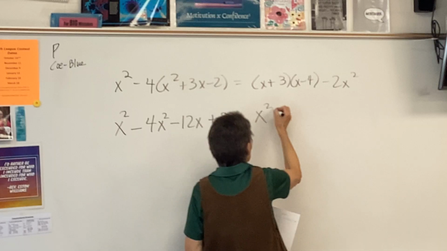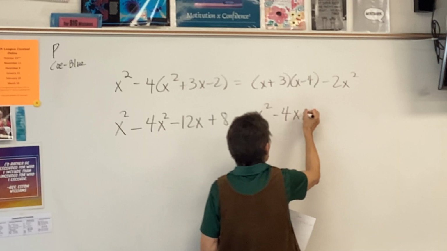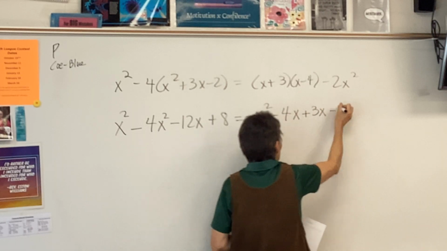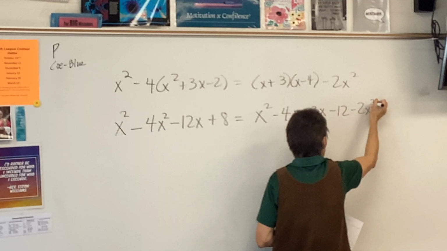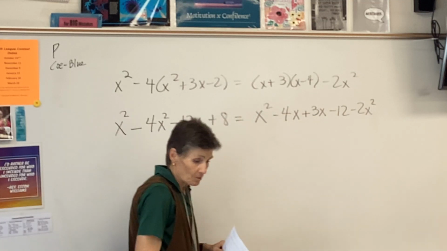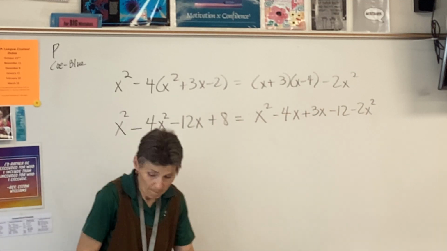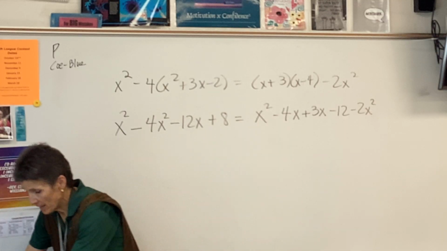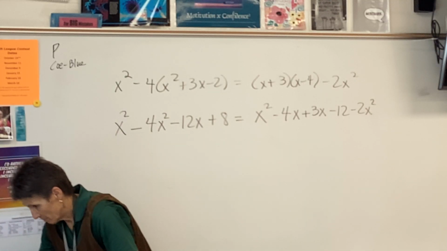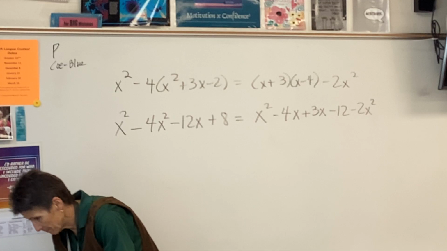X squared, outside, inside, left. So step one is make sure that you have distributed correctly, foiled correctly, and all that.